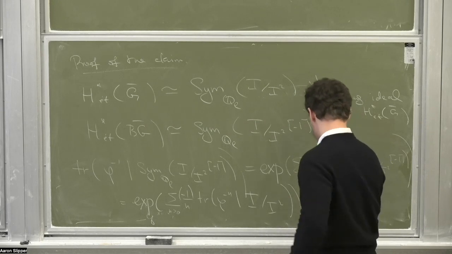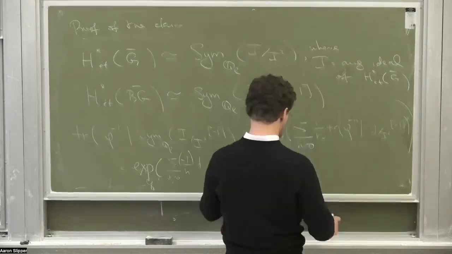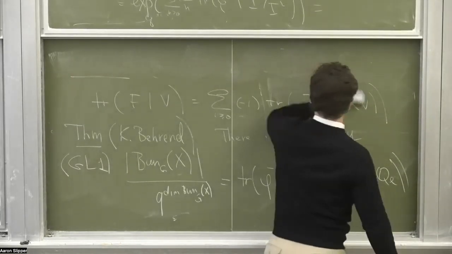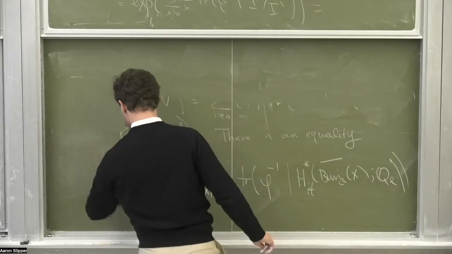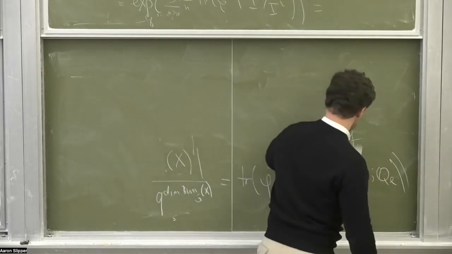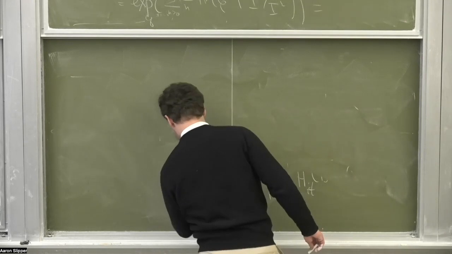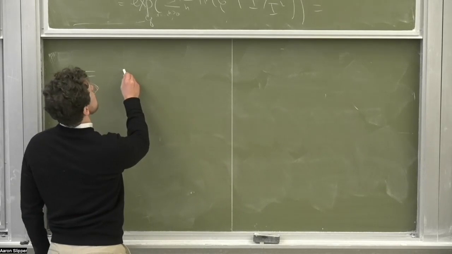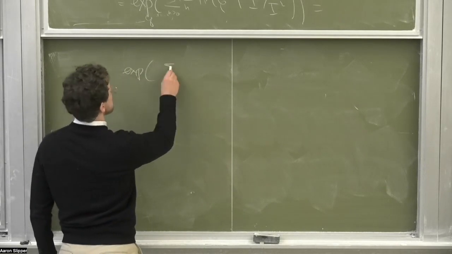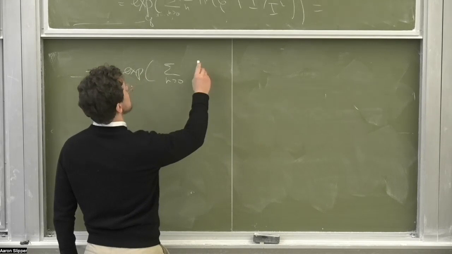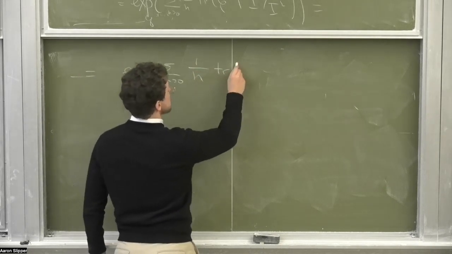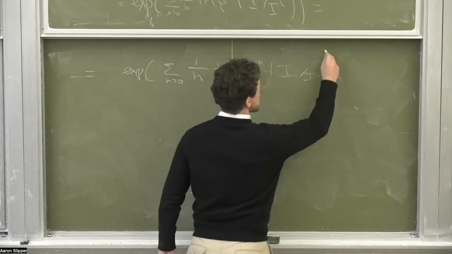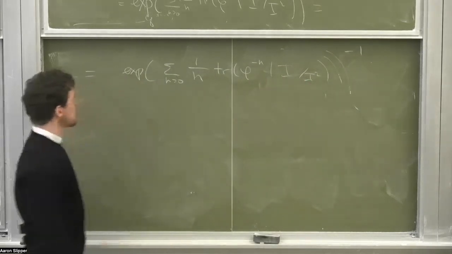So I can write this as the exponent of the sum over n of 1 over n, trace of Frobenius inverse to the n on I modulo I squared, and then take the inverse.